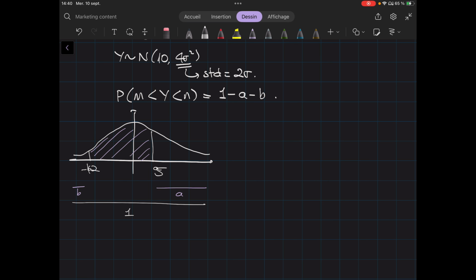So it can be this region. So P of m less than y less than n is equal to P of negative 12 less than x less than 5. But that's only one possibility. Another possibility is when this curve reflects about this axis over here. So negative 5 to 12 is also another feasible option.